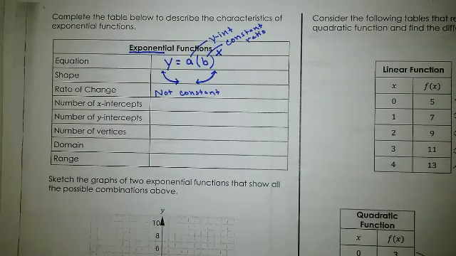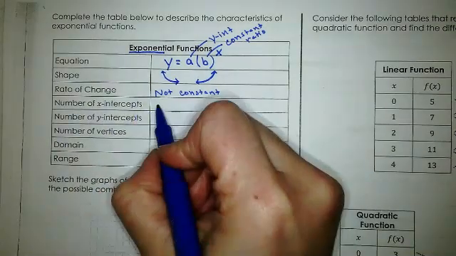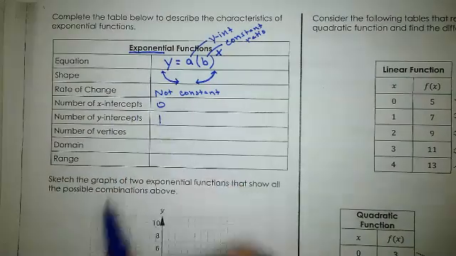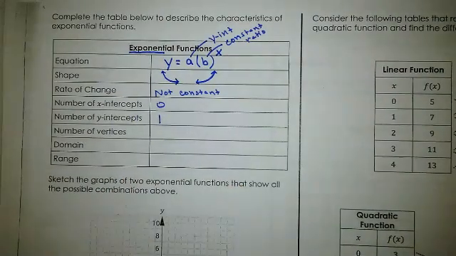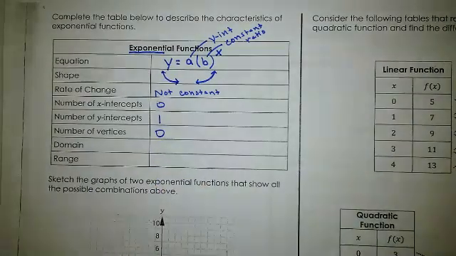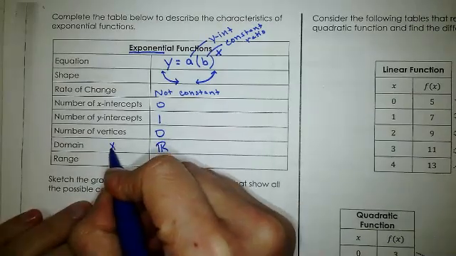And number of x-intercepts, you will never touch the x-axis, so there are no x-intercepts. However, there will be 1 y-intercept because it will cross the y-axis. There will be no vertices, so 0 for your vertex. Your domain, you could plug any number you wanted in for x.